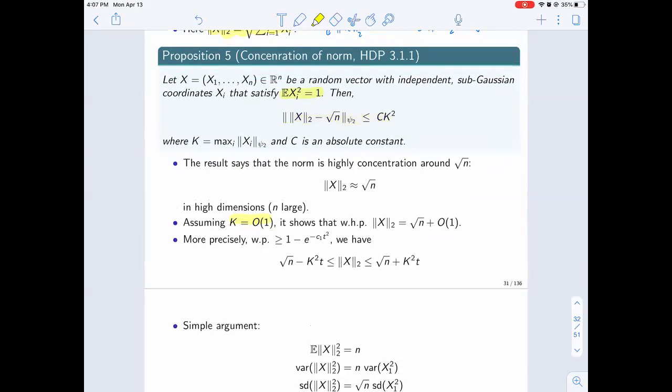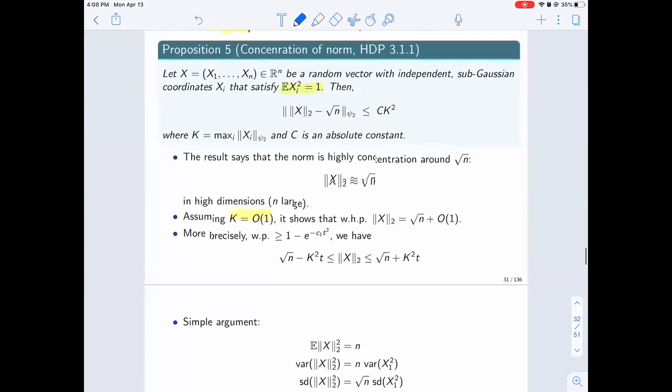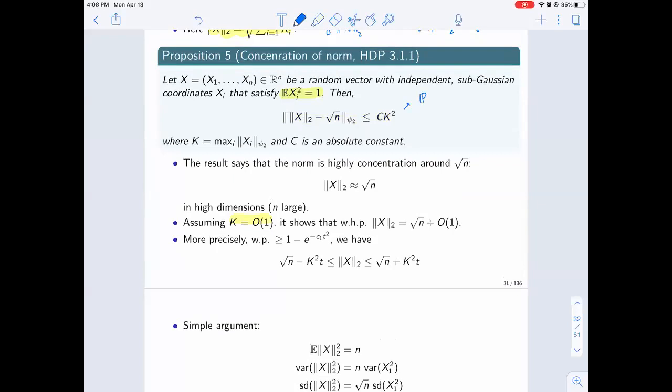So the probability that this norm minus root N is bigger than t is less than or equal to some constant times e to the negative c1 t squared over K squared.